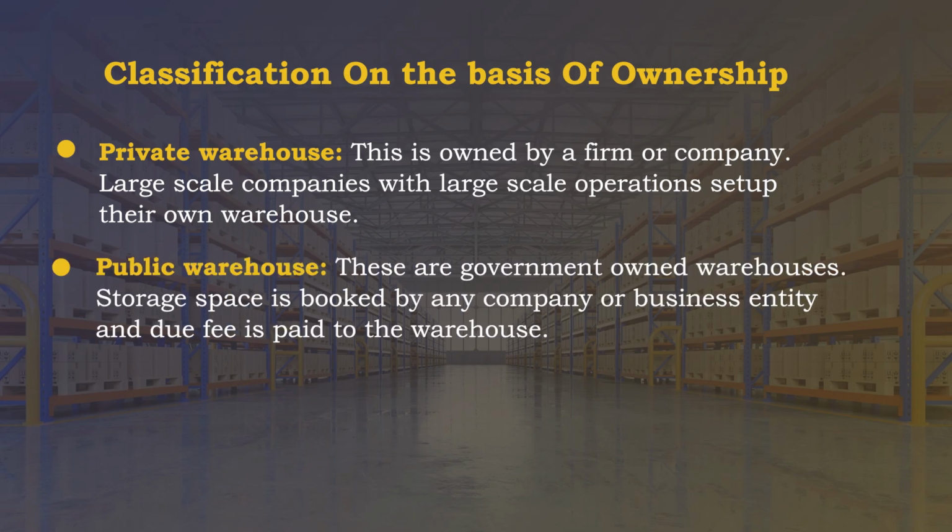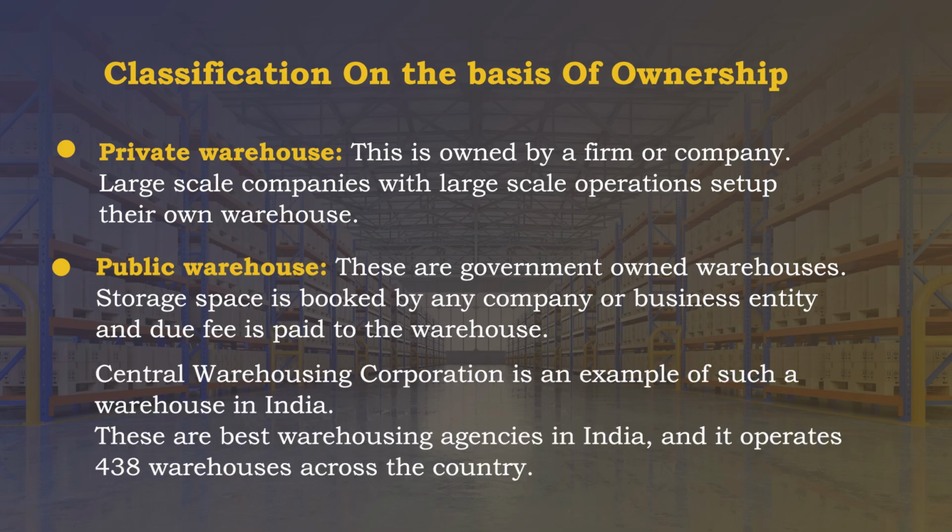B. Public warehouse. These are government-owned warehouses. Storage space is booked by any company or business entity and due fee is paid to the warehouse. Central Warehousing Corporation is an example of such warehouse in India. It is one of the best warehousing agencies in India and it operates 438 warehouses across the country.